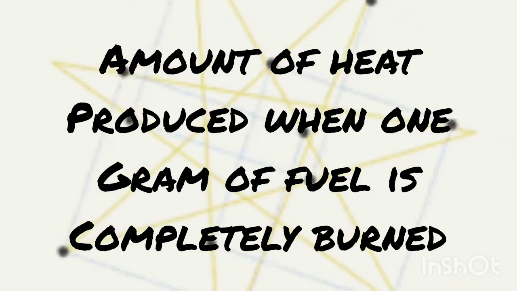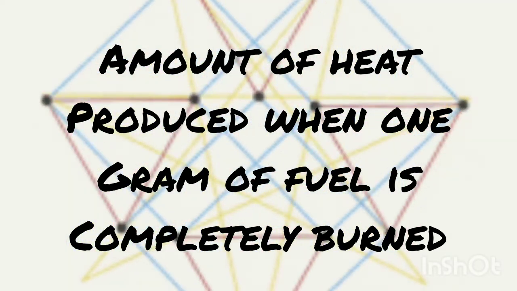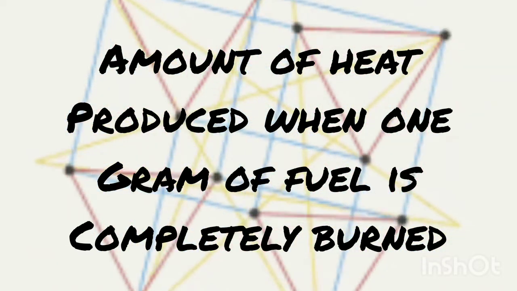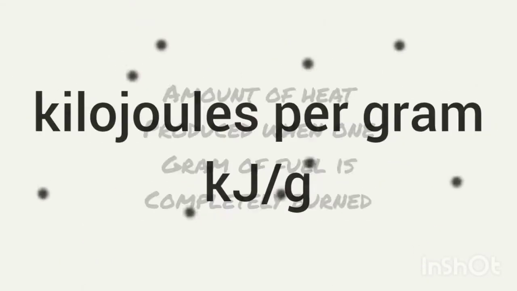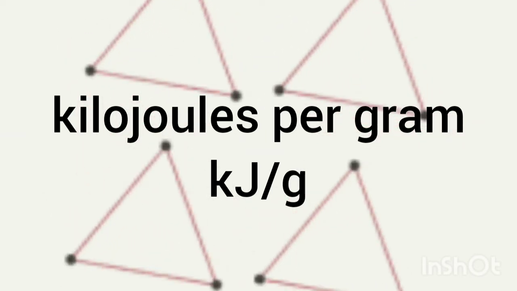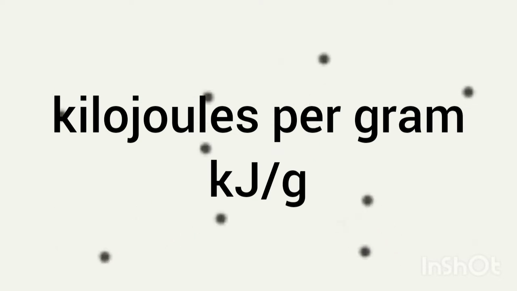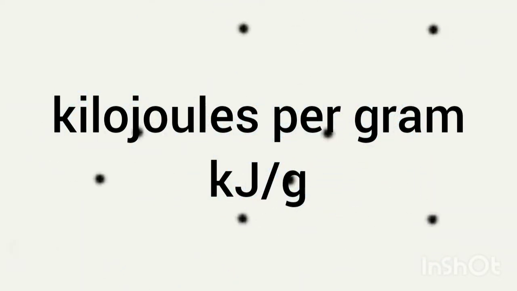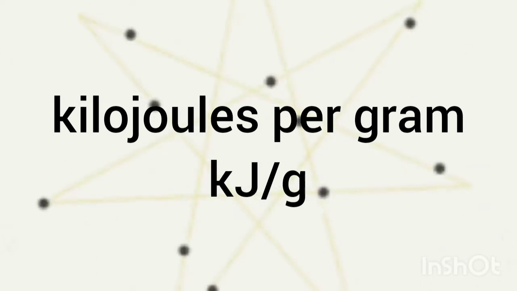For all physical quantities there will be some units. In the same way, calorific value also has a unit: kilojoules per gram. So, calorific value is expressed in kilojoules per gram.